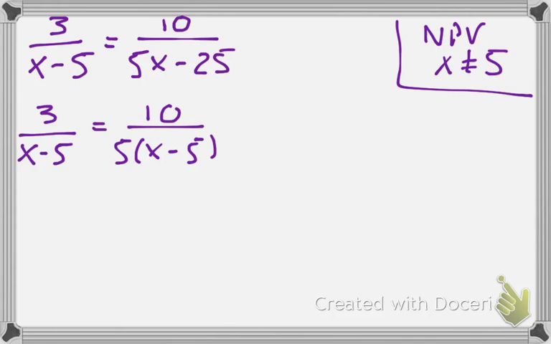One thing we want to do now, though, is look at what our LCD should be. Our LCD should represent everything we find in the denominator. So if we look here, we need to have an x minus 5. Then when I look at my second term, this x minus 5 is already there, so I don't have to include it twice. What I do have to include is this 5, though, right?